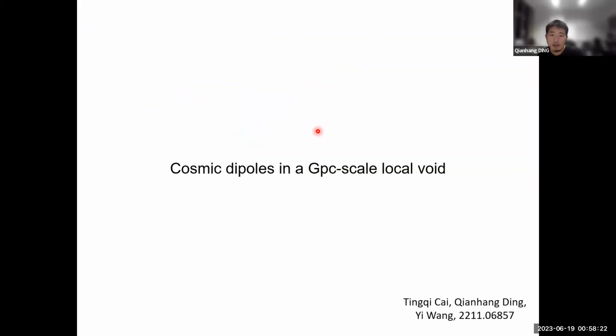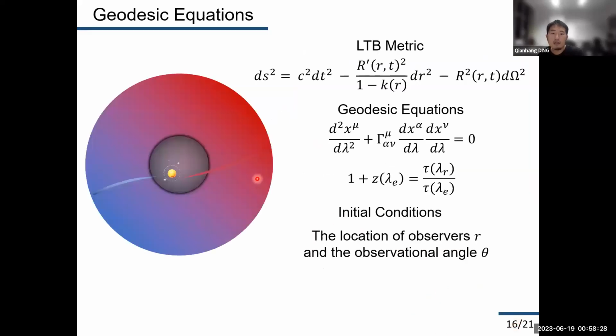Another one is the cosmic dipole in this Gpc-scale local void, which is based on this paper. Just as we introduced, our position inside the local void should be off-center. This off-center position will induce an anisotropic spacetime, which causes the dipole structure in observables.